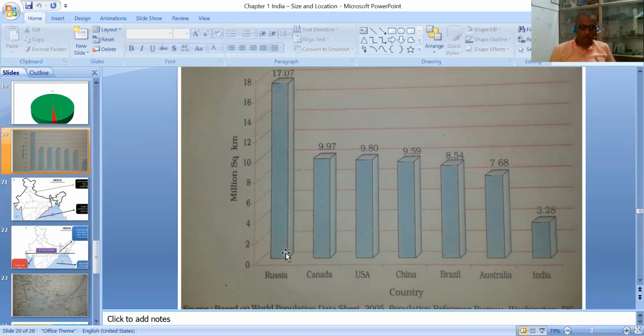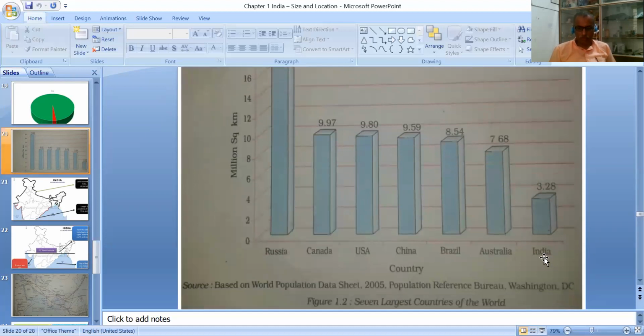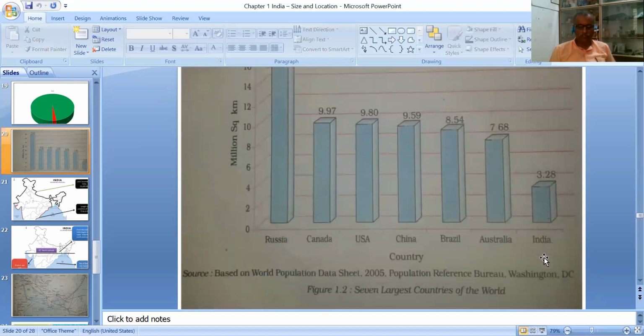So my dears, 1 Russia, 2 Canada, 3rd USA, 4th China, 5th Brazil, 6th Australia, 7th is India. This is one of the very important pieces of information you have to remember. In million square kilometers, India is the 7th biggest nation geographically in the world.